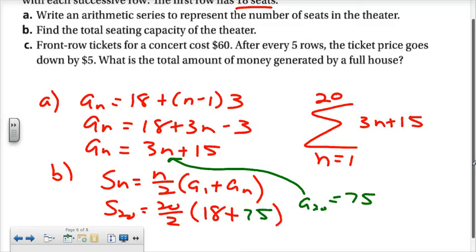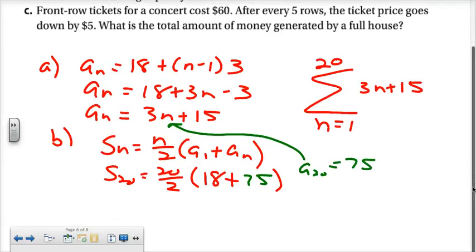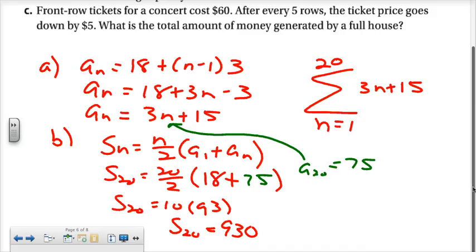And that allows us to complete our formula. And we've got all the numbers in there that we need. So S sub 20 is going to equal 10 times 93, and all 20 rows totaled up will give us 930 seats. So that's all the seats that are in there.